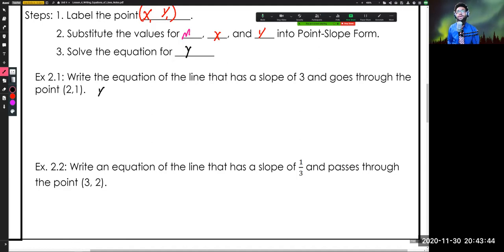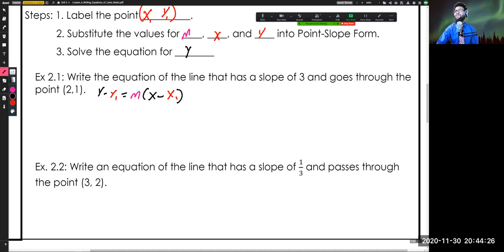So remember, we have y minus y1 equals m times x minus x1.